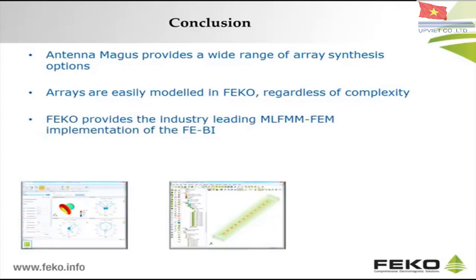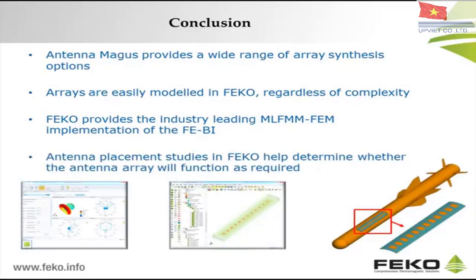FEKO provides the industry-leading MLFMM-FEM hybrid formulation, which is an optimal implementation of FEBI technology. This enables users to model complex antennas in the proximity of electrically large structures. FEKO is a powerful tool for antenna placement studies, confirming whether antennas will work as expected in their operating environments.